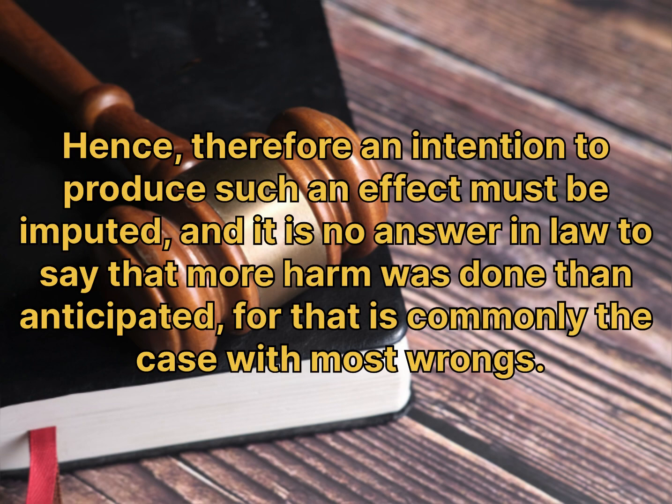Hence, therefore, an intention to produce such an effect must be imputed, and it is no answer in law to say that more harm was done than anticipated, for that is commonly the case with most wrongs.